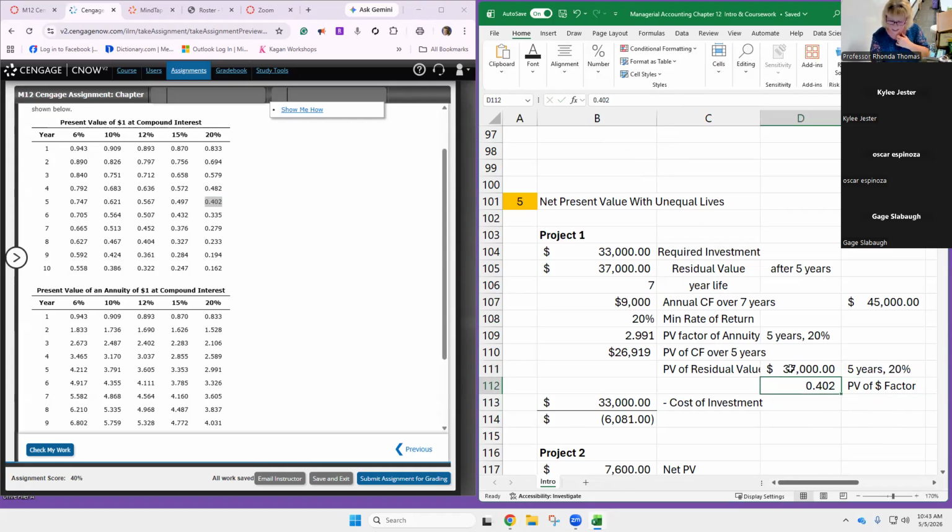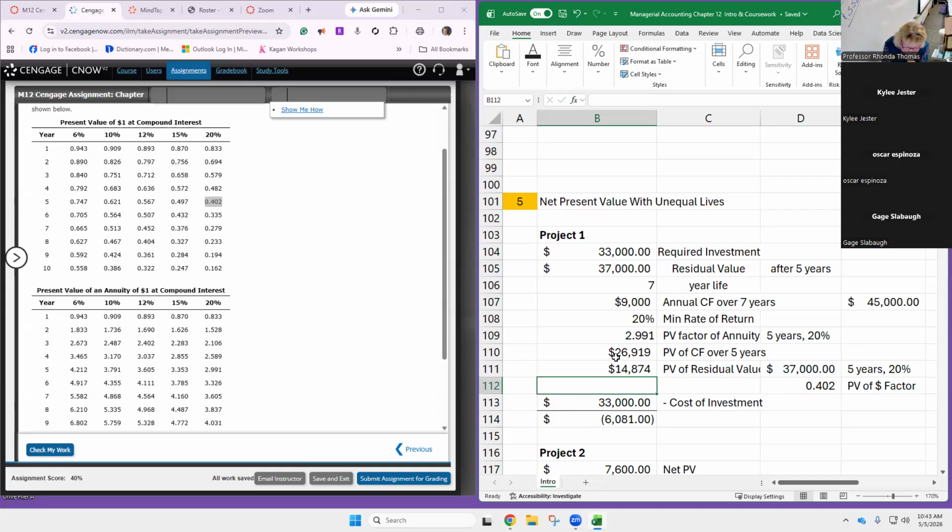So now I'm going to take 37,000 times 0.402, and that's going to give us the present value of that sales price. It's about 40%, right? So what you do now, now that you know that, you're going to add those two together.